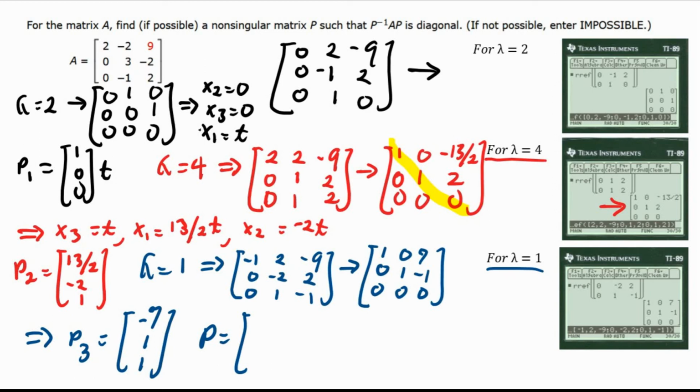But it doesn't matter. The main solution is indeed unique. So I better write that in black. So P is equal to 1, 0, 0, and then P sub 2 is 13 over 2, -2 and 1, and then this is -7, 1 and 1.